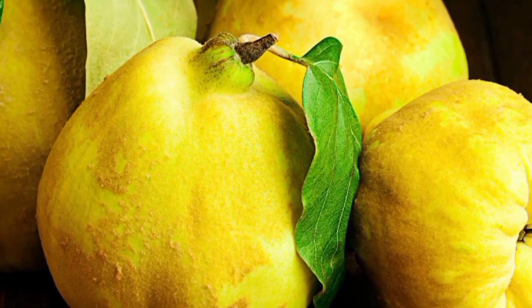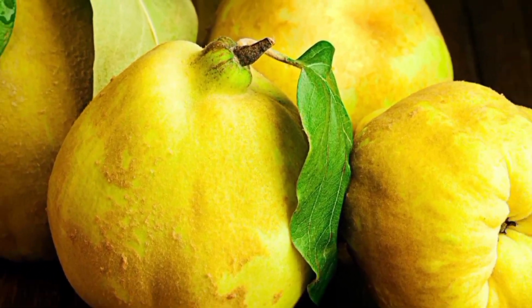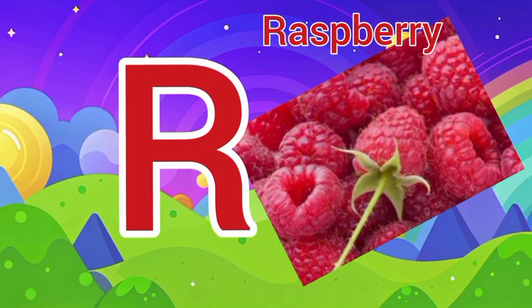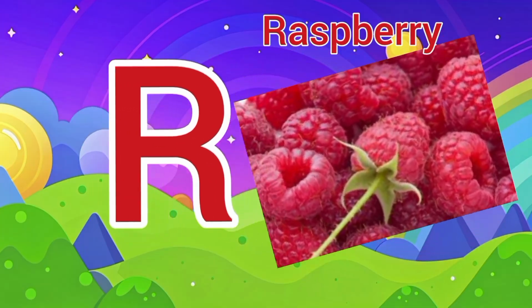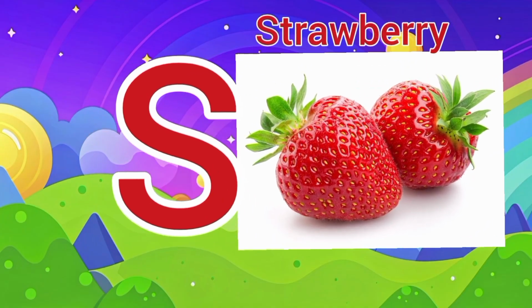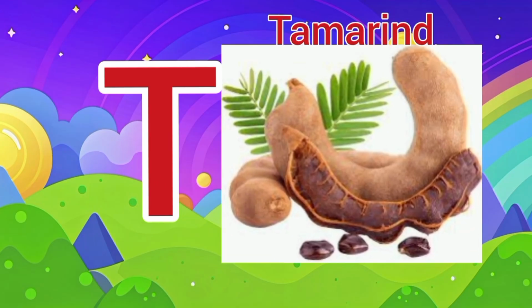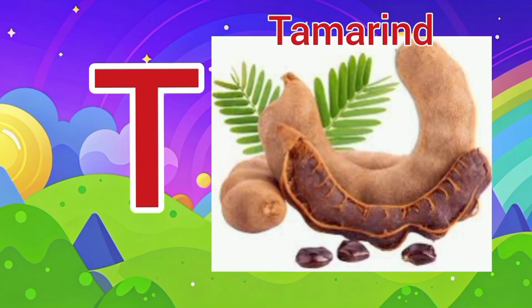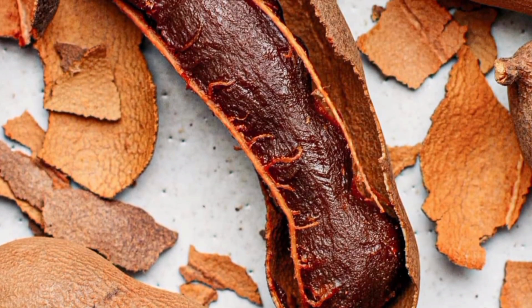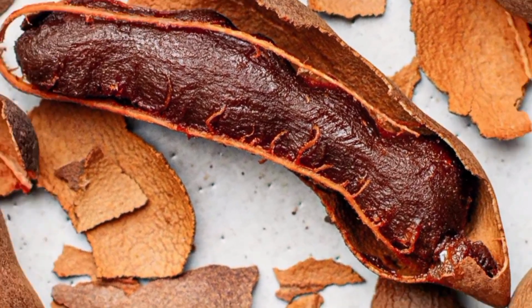R is for raspberry. S is for strawberry. T is for tamarind.